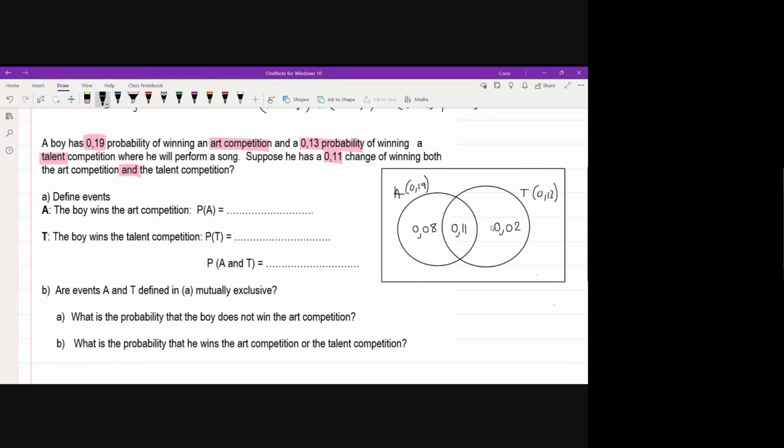That only gives me 0.21 for A or T. So what needs to go on the outside? I know that the probability of my sample must equal 1. If everything on the inside equals 0.21, on the outside of my two circles I would need 0.79.